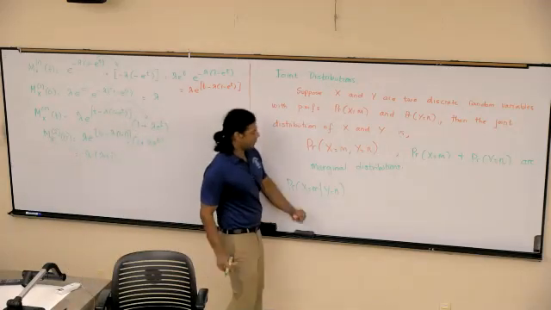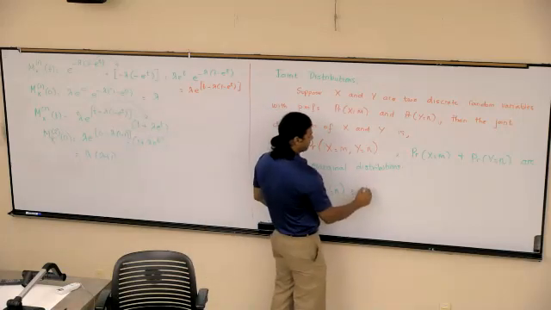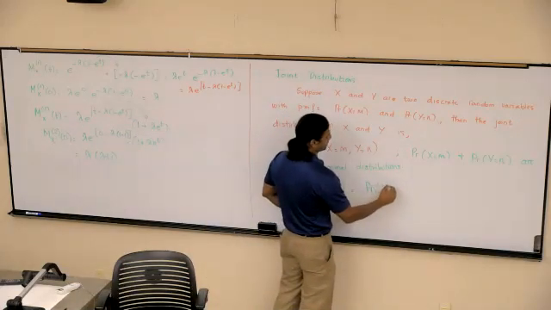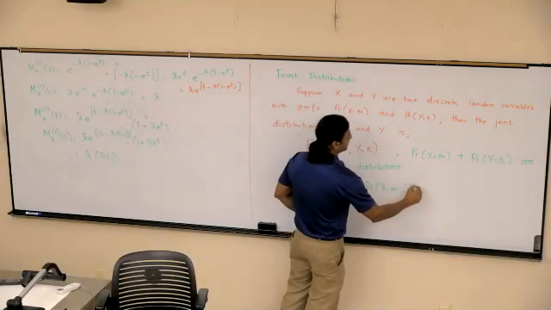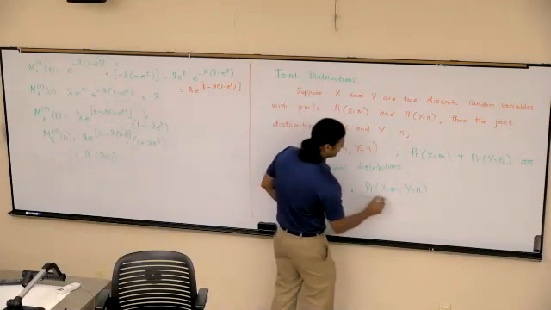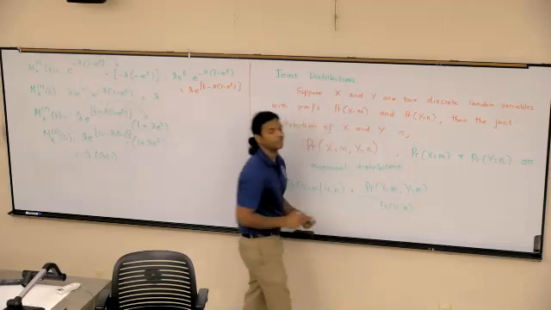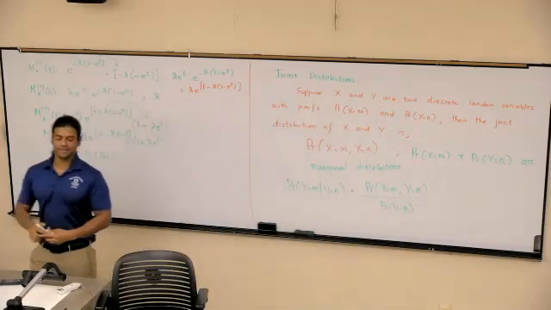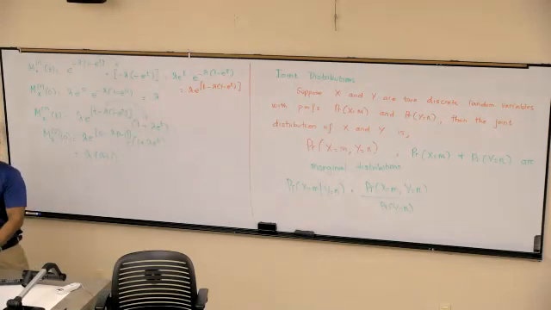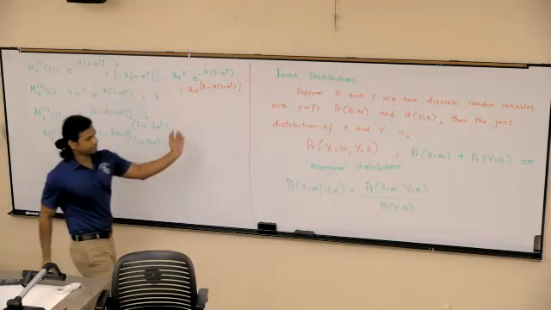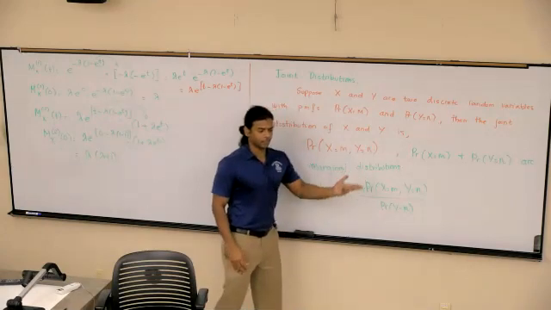So given y equals n would simply be the probability of x is equal to m, y equals n, divided by the probability y equals n. If they are independent, then this is correct. It will simply be equal to x is equal to m.